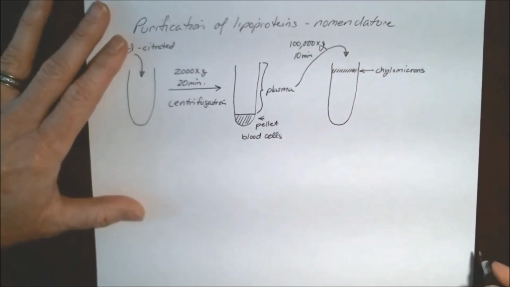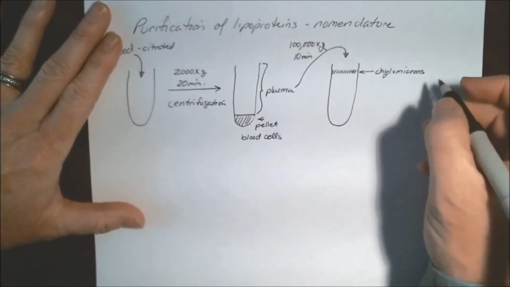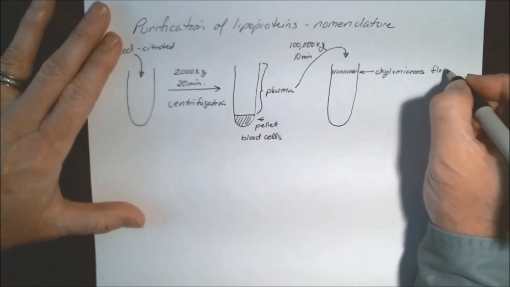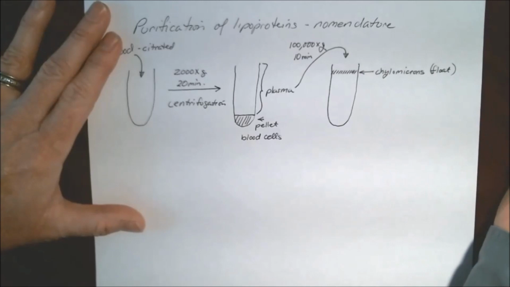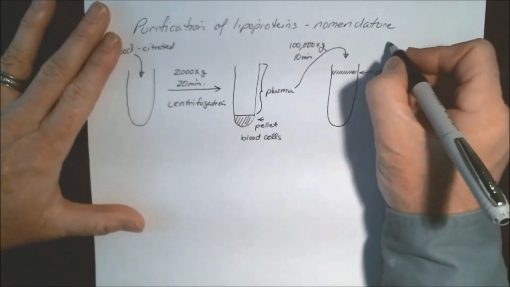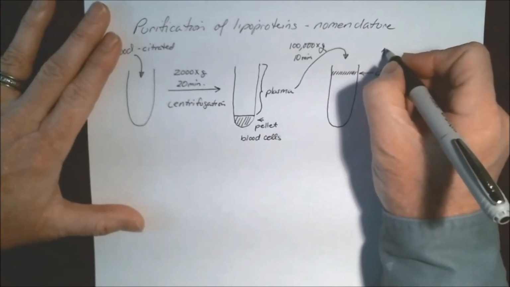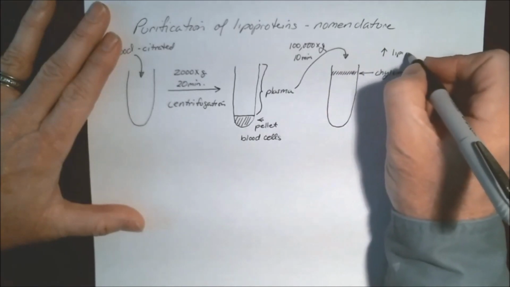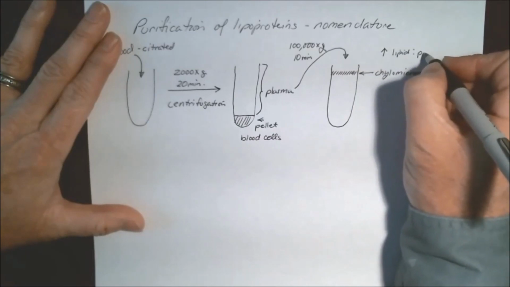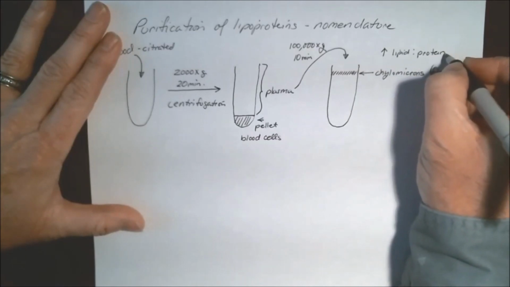The chylomicrons float under these conditions. And why do they float? Because they have very, very low density, and that is determined by the very high lipid to protein ratio in this particle.